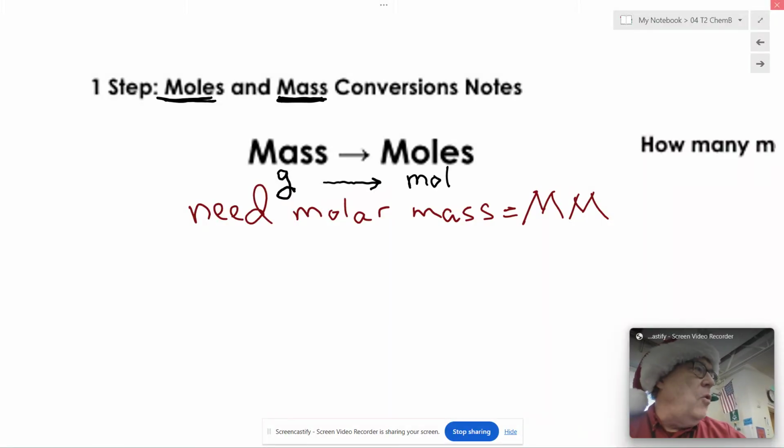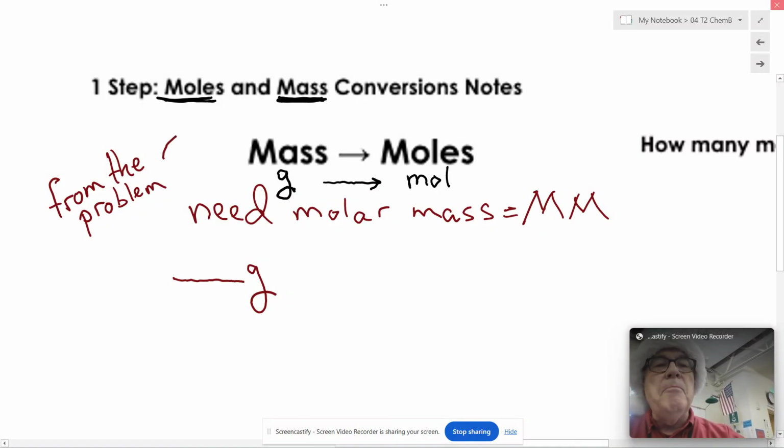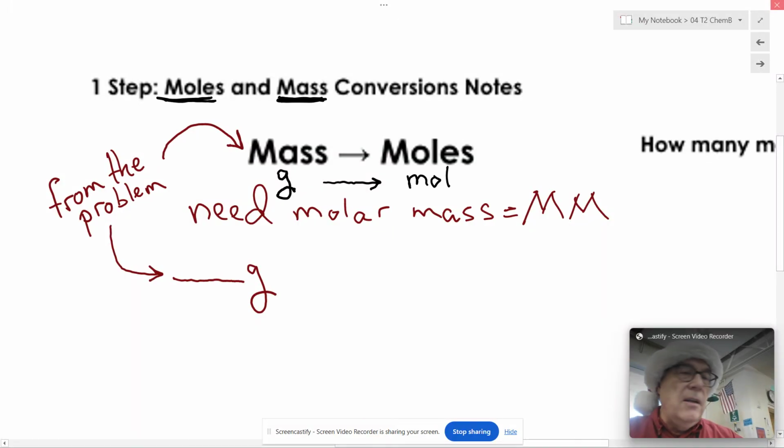So we're always going to start with a certain number for this kind of problem. If you're given a certain number of grams, that is going to come from the problem. In other words, in the problem, you're going to be given grams, and that's what you start with right here.